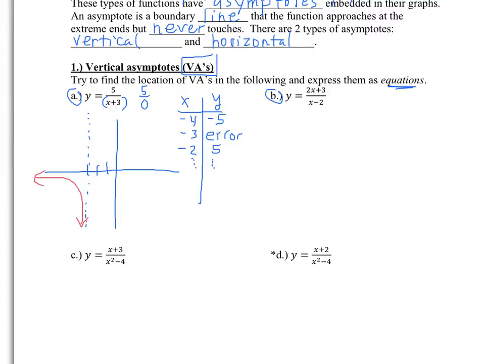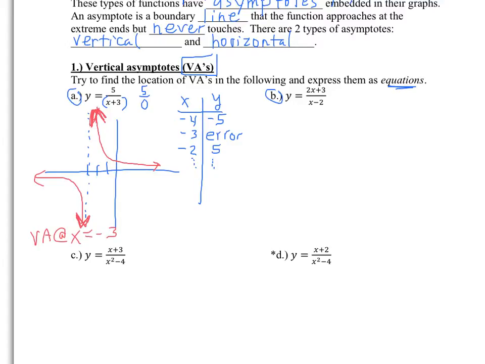Okay? It's a line that our function is approaching at these extreme ends, but never hitting. So way up here it's getting very close to it, and way down here it's getting very close to it, but it's never going to hit it. So we say that we have a VA at x equals -3. Alright, that is the equation.